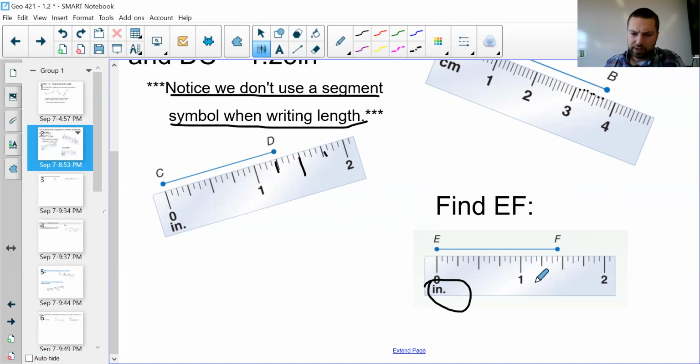Okay, so we know it's a full inch. This is 1.5 inches, so this is a quarter. What do we got here? What do you guys think? 16ths. 1, 2, 3, 4, 5, 6, 7, 8.